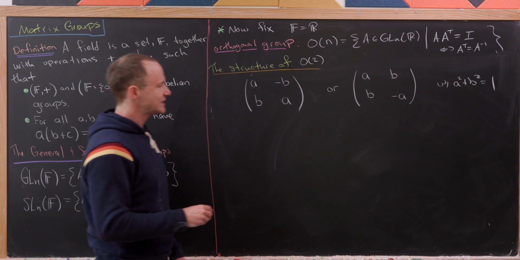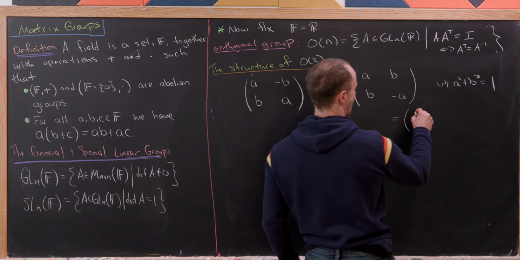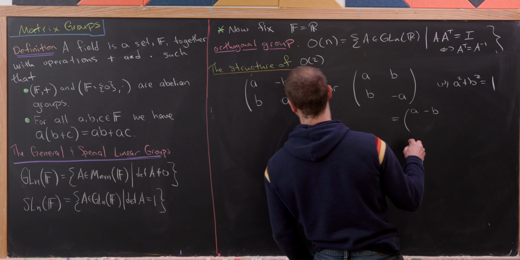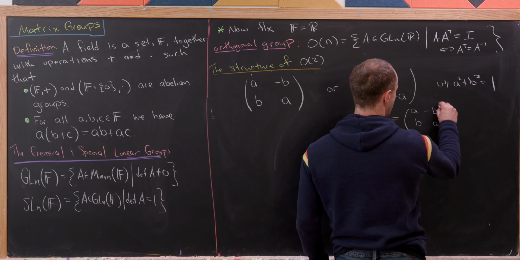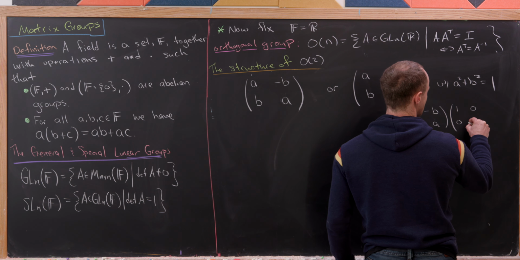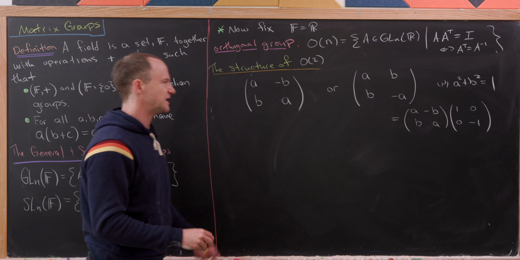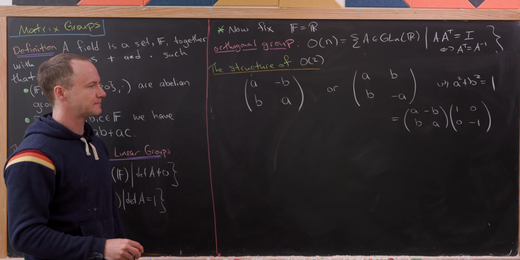So now I'd like to observe that this second type here can be rewritten as the first type, A, minus B, B, A, times the matrix 0, 1, 0, negative 1. And so you can check that pretty easily.